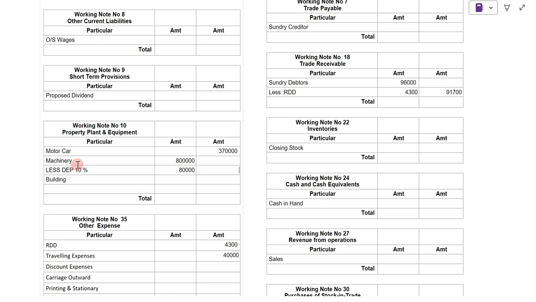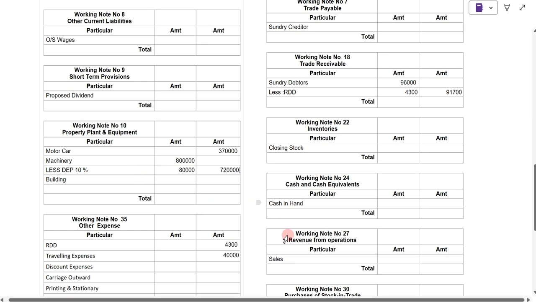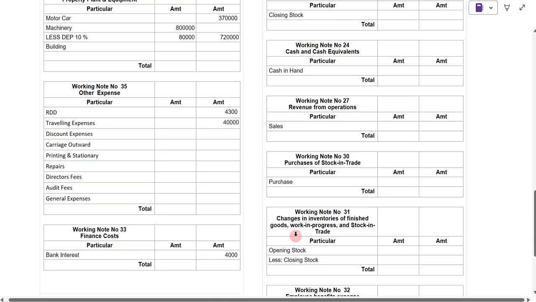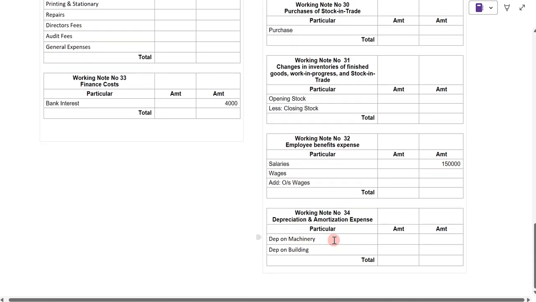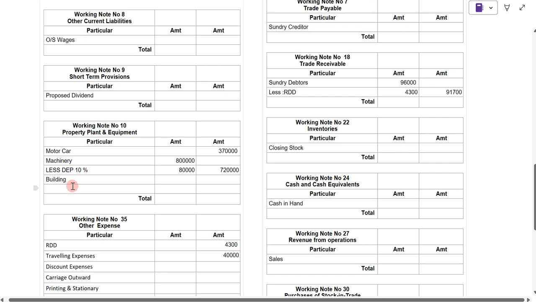So 8 lakhs minus 80,000, remaining is 7 lakh 20,000. Now the second effect of 80,000 we have to give in note number 34, that is depreciation and amortization expenses. So depreciation on machinery we got 80,000.